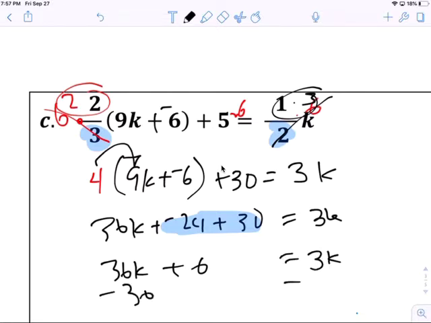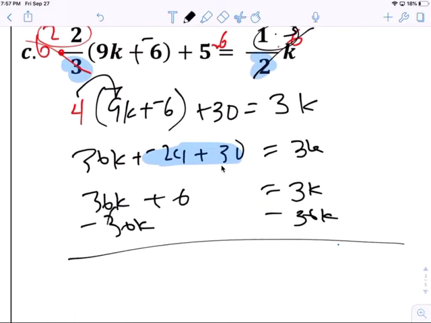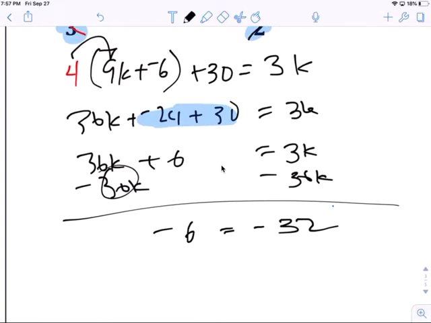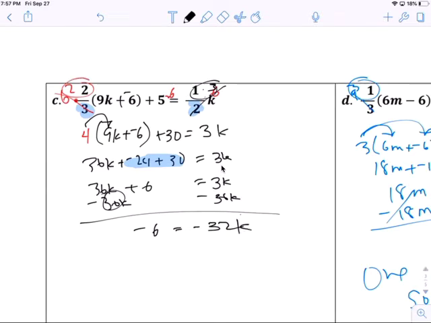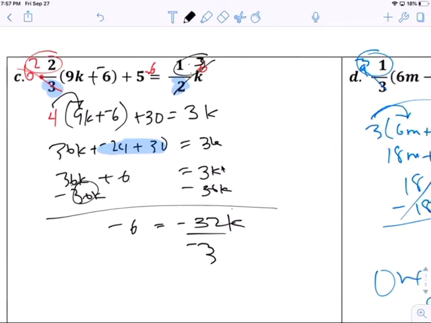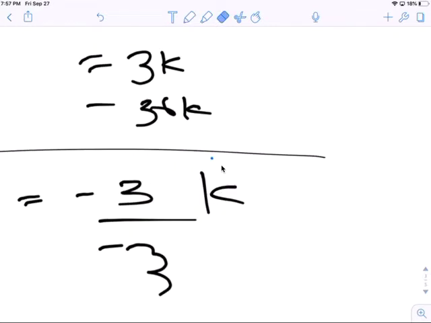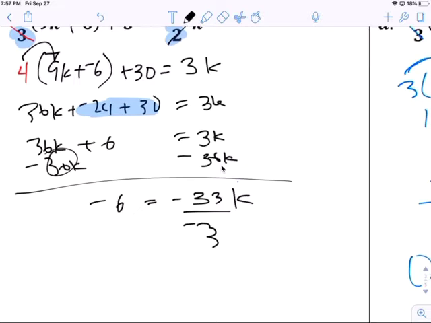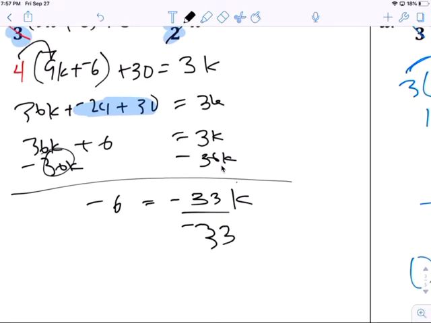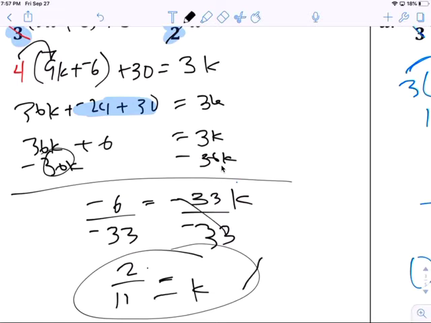Subtract 36K. Divide by negative 33. Negative 33. K equals a positive 1 over 2 over 11. One solution.